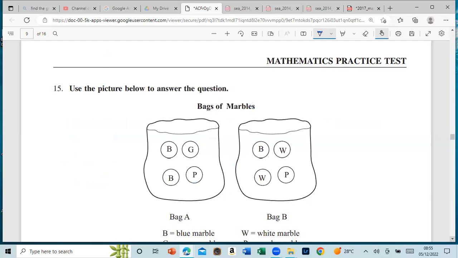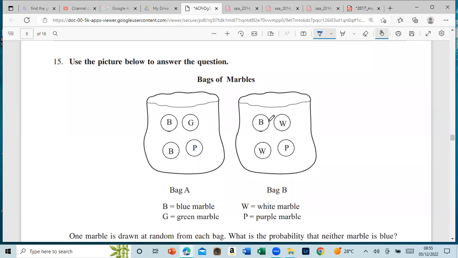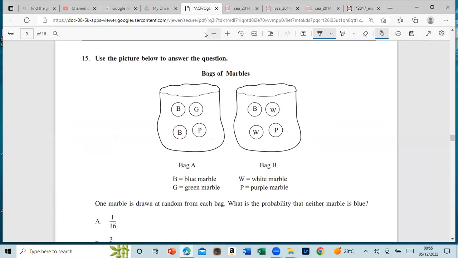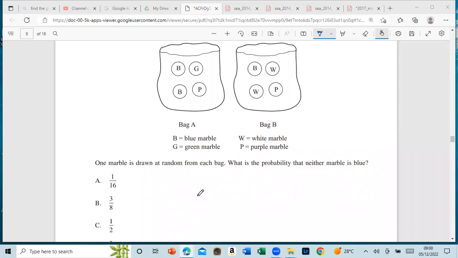Alright, let's move on to 15. Use the picture below to answer the question. Each bag represents marbles, B equals blue, G equals green, and W equals purple. It says one marble is drawn at random from each bag.